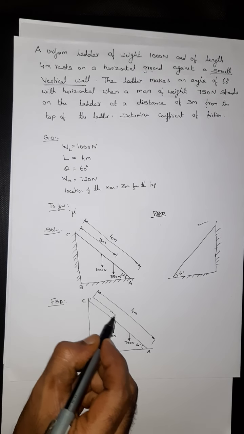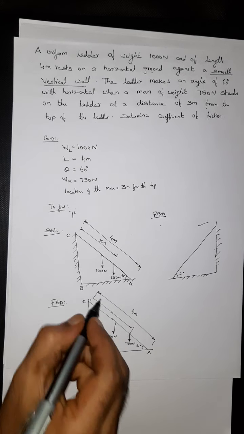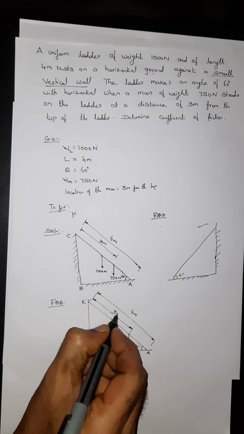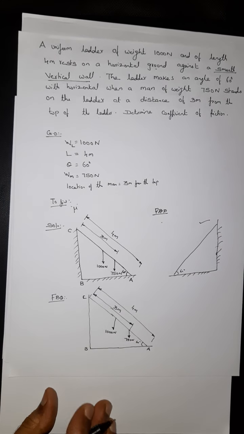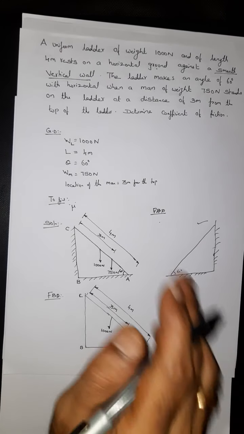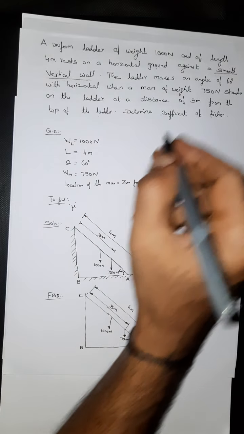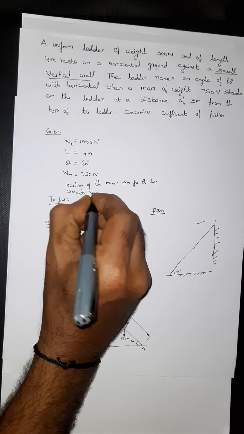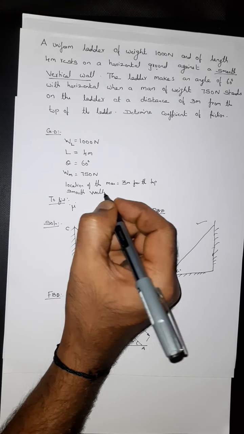And the distance from the top till the location of the man is 3 meter. Right. Here they have given a smooth vertical wall.